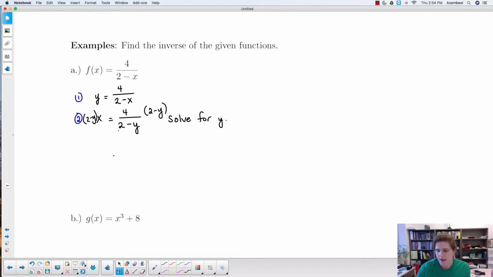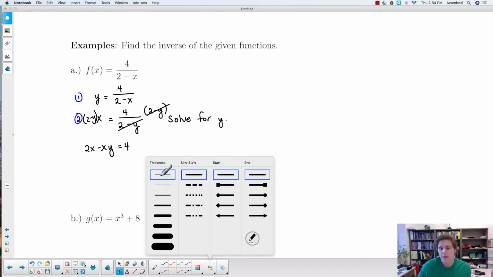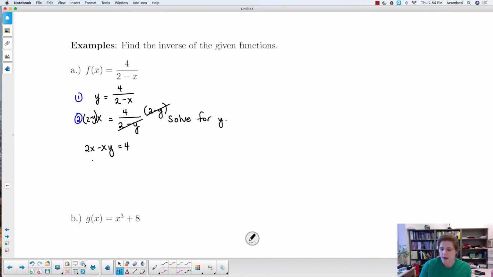On the right hand side, that cancels. On the left hand side, I'm going to distribute. So 2x minus xy is equal to 4. So then I'm going to go through and solve for y. So subtracting 2x from both sides, negative xy is equal to negative 2x plus 4.